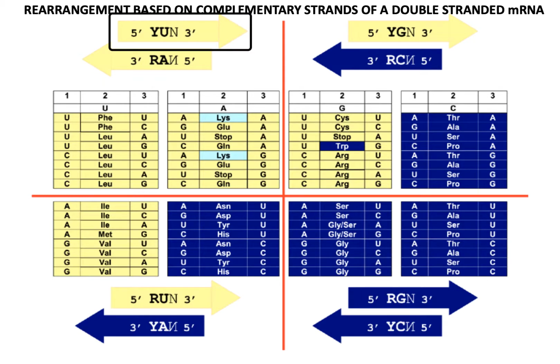And if you notice on this strand up here, that third position is an N, whereas this one in the first position is an N. That is, those bases are ambiguous.